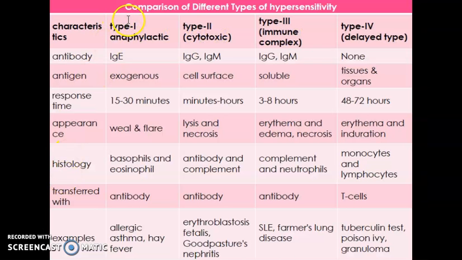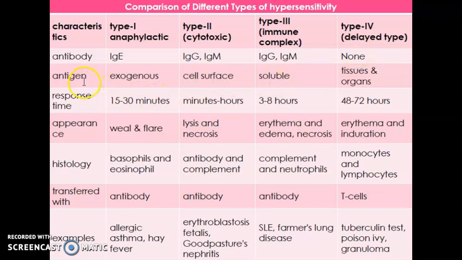And finally, we can see the comparison of different types of hypersensitivity in this chart. The antibody in type 1 anaphylactic reaction is IgE, and type 2 cytotoxic hypersensitivity consists of IgG and IgM, and type 3 immune complex hypersensitivity consists of IgG and IgM, and type 4 is not based on antibody as they are cell mediated.